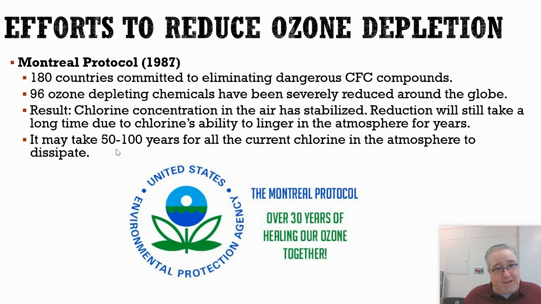In fact, it takes up to about 50 to 100 years for all that chlorine to eventually get out of the atmosphere. So we're still going to have this ozone problem, but at least by not putting any more of these chemicals into the air, we're not making the problem any greater. That's kind of a good thing. But we're stuck with this hole all because of something that we did for decades.